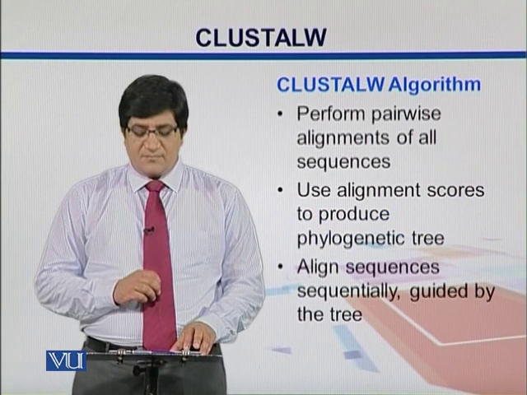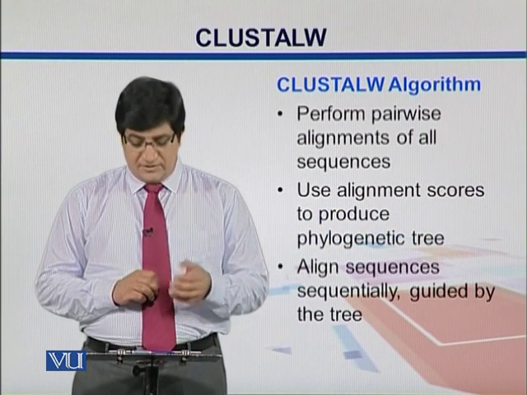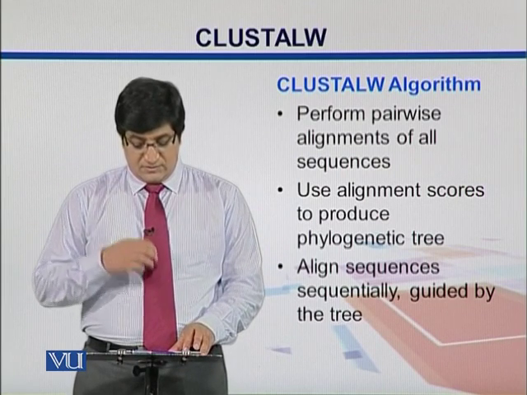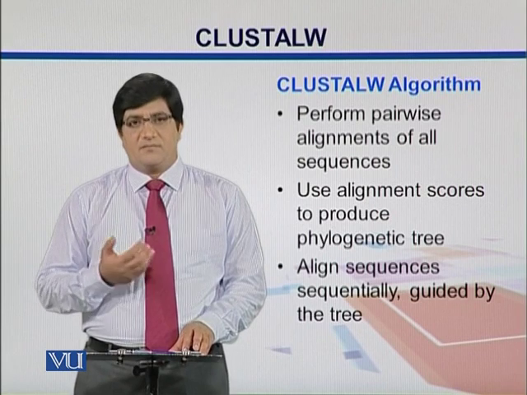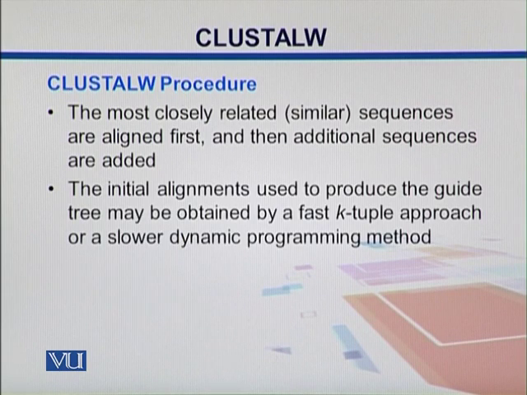It performs pairwise alignments and uses the alignment scores to produce the phylogenetic tree, and then sequentially aligns the sequences guided by the tree. So that is what we have learned in the progressive methods. The most closely related sequences are aligned first, then additional sequences are added.